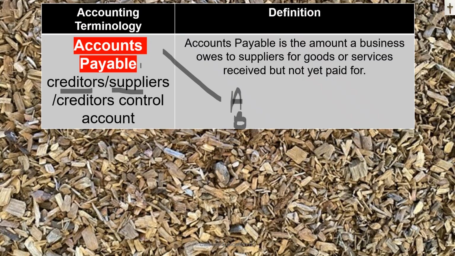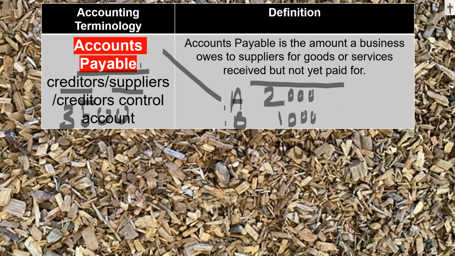So if you bought from supplier A, B, and C, you owe A 2,000 Rand, you owe B 1,000 Rand, you owe C 500 Rand. The balance of accounts payable, which summarizes all these individual creditors, should be, in this case, 3,500.